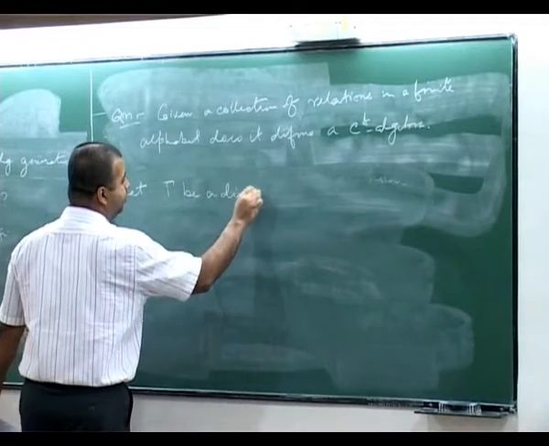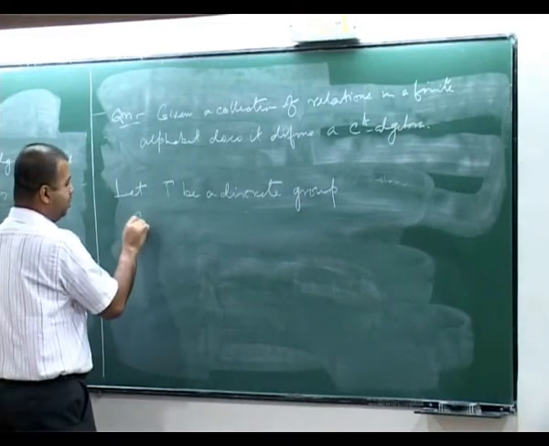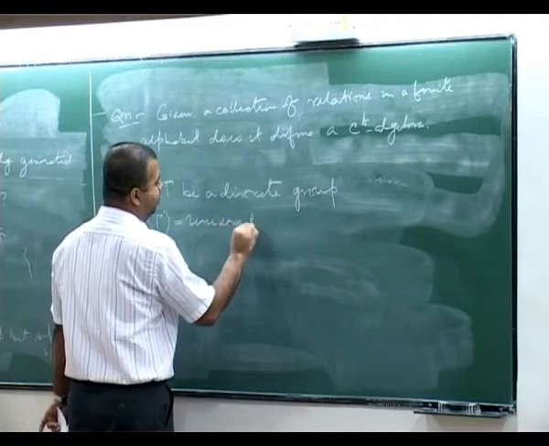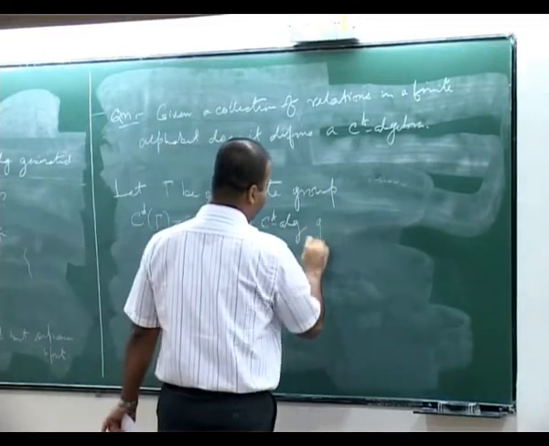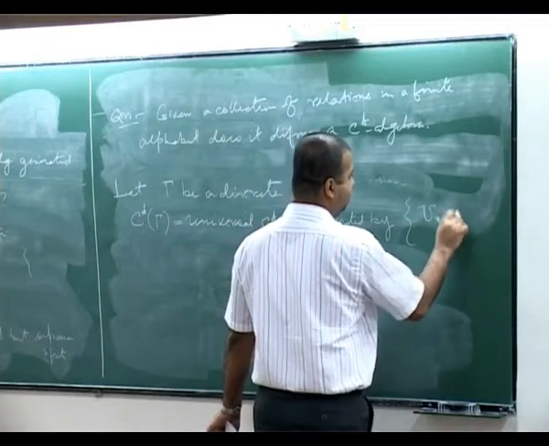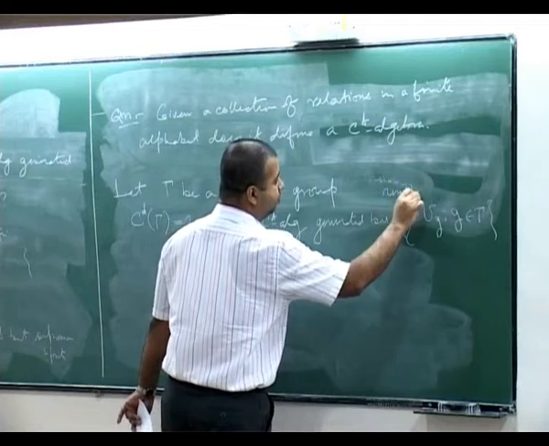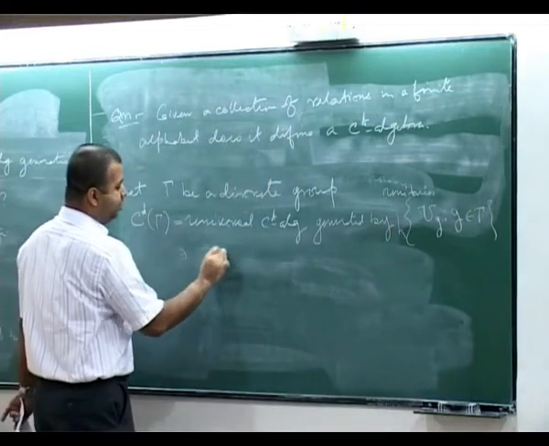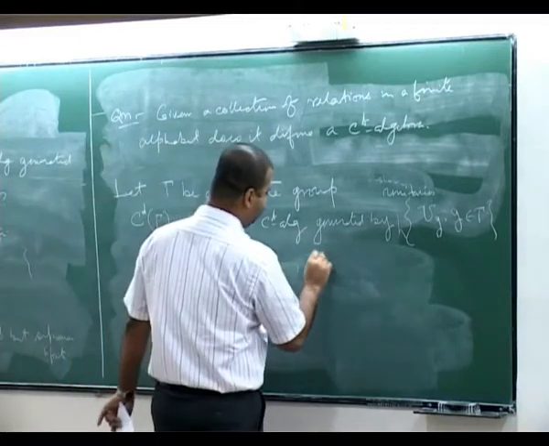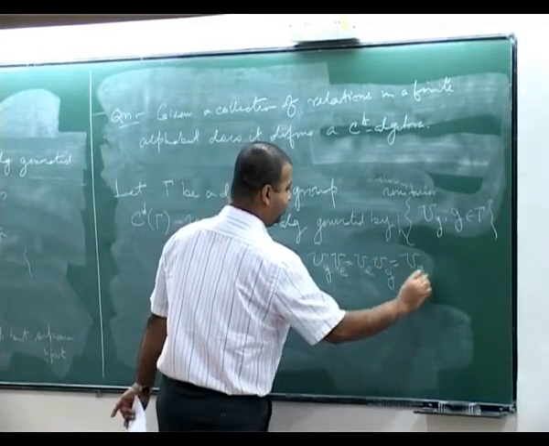Let gamma be a discrete group, and then C star gamma is the universal sister algebra generated by unitaries such that, okay.